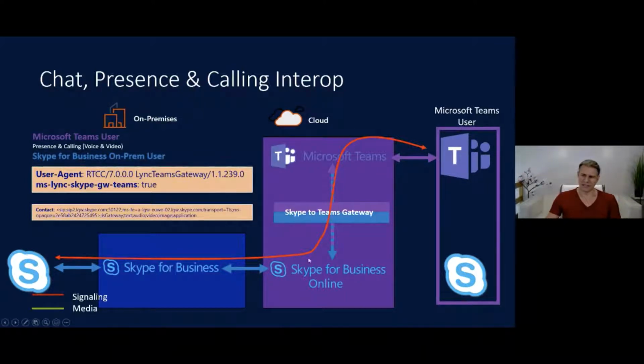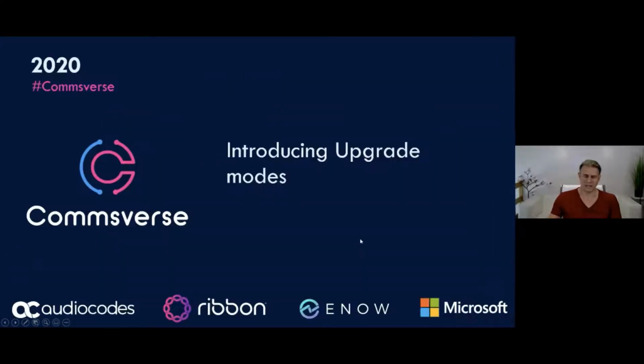But you see here, the interop between Skype for Business on-prem and Teams is through Skype for Business Online. And then the media will flow most likely between the endpoints directly. So this is all crucial for you to understand before we talk about all the upgrade modes, because Skype for Business is still important here.